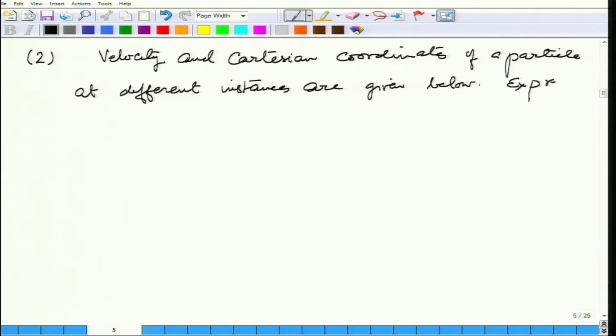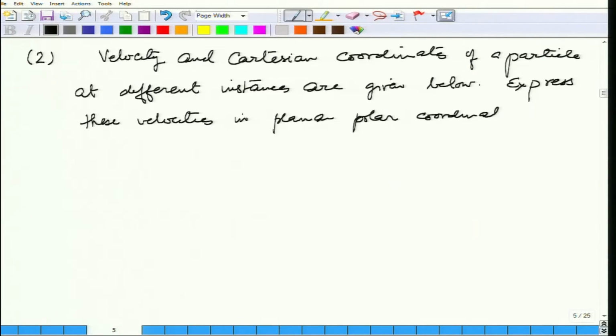Express these velocities in planar polar coordinates. So, one velocity which is given is v equals 2i plus 3j at 2 and 3. So, let us see what it means.